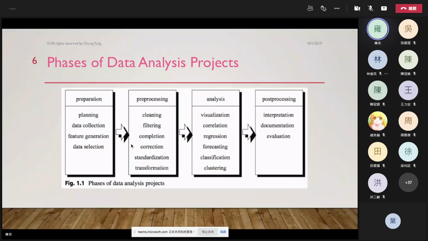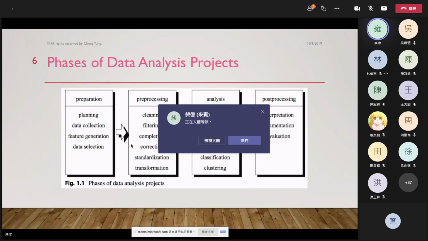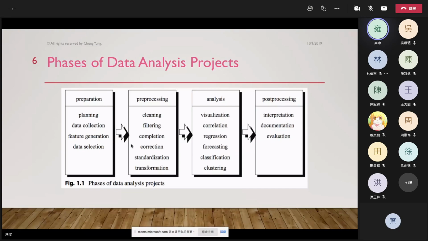Do we want to analyze the data based on the incomplete data set, or do we want to ignore those incomplete data sets? That's two of the most popular strategies when we find incomplete data in the large data set.